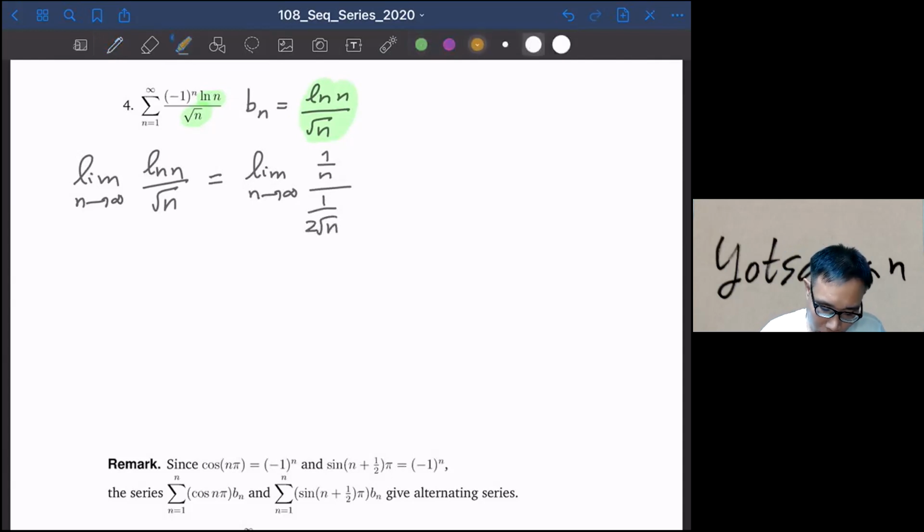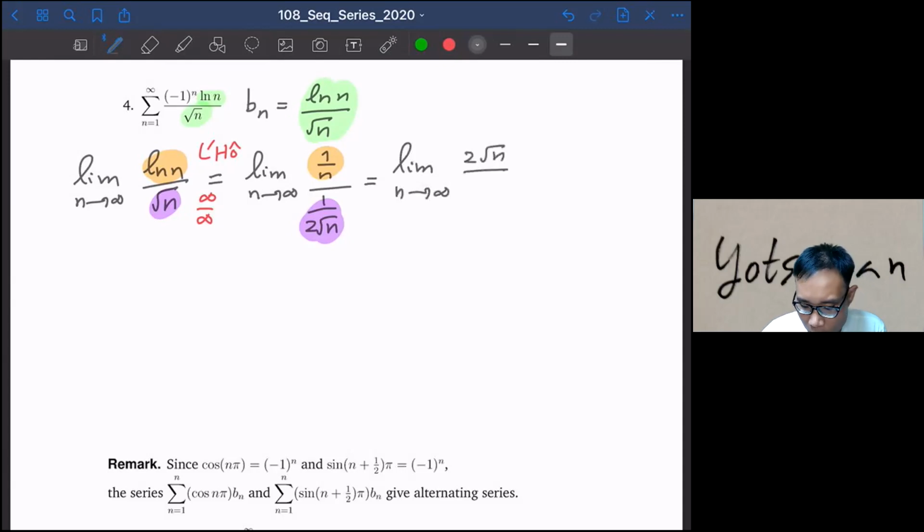So by using L'Hopital, you differentiate top and bottom, and you see that this will be the limit as n goes to infinity of 2 root n over n, so it's going to be 2 over root n. And this goes to 0. Okay, so that is number 1, you have the limit equal to 0.